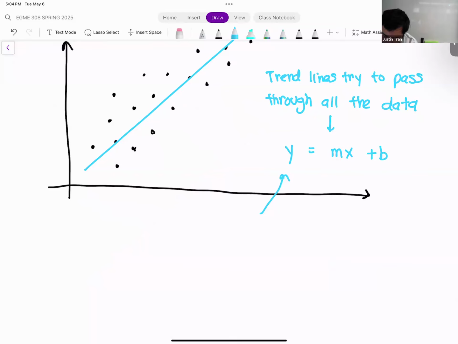where y here is the value of your second variable, the variable that's on the vertical axis. X right here, this is the value of your first variable. So that's the value of the variable on your horizontal axis.